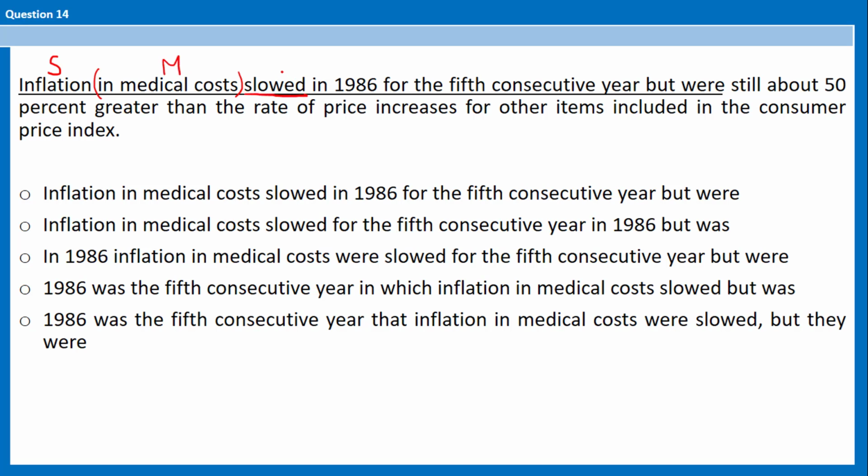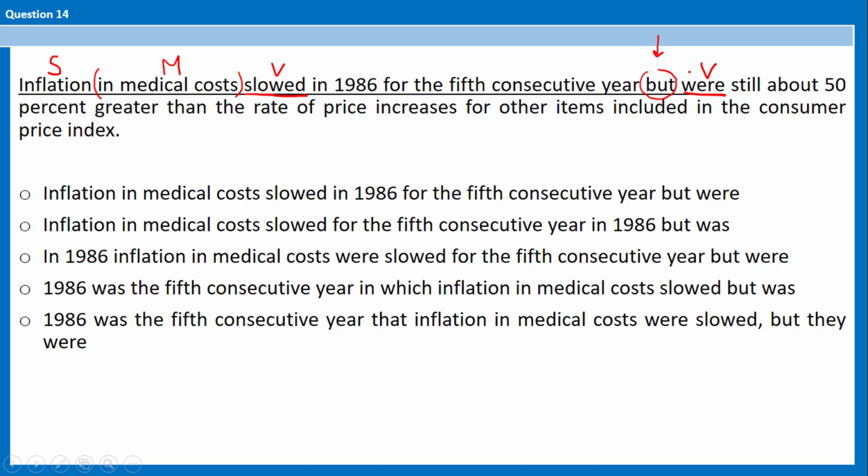Inflation slowed in 1986 for the 5th consecutive year, but were still about 50% greater than the rate of price increases for other items included in the Consumer Price Index. So you have two verbs here. Inflation slowed, but were 50% greater. You have a contrast and two main verbs.